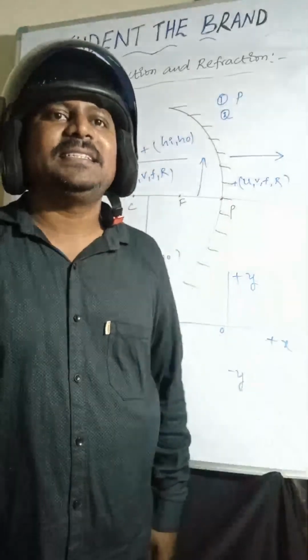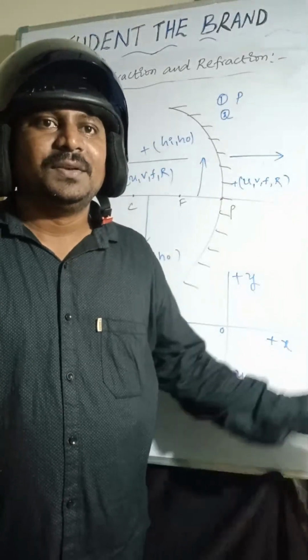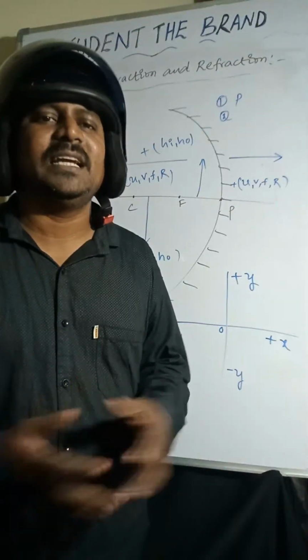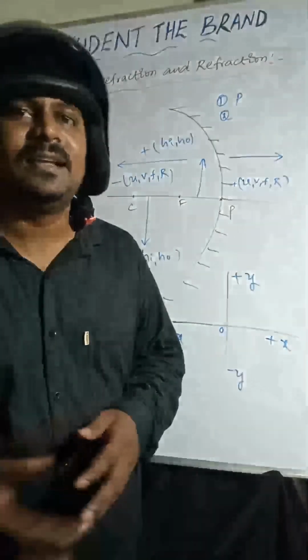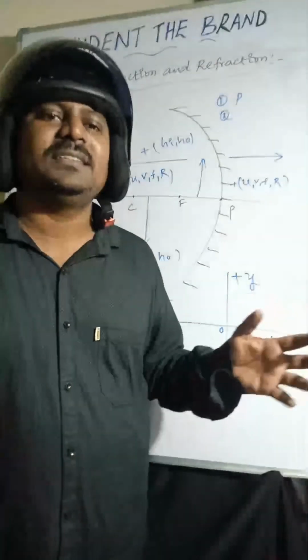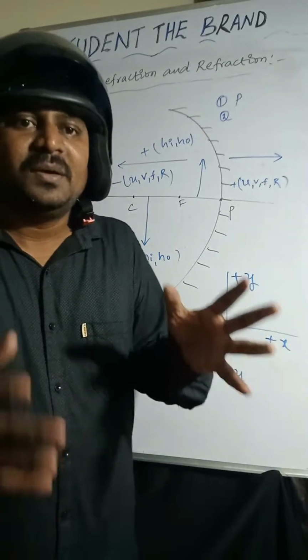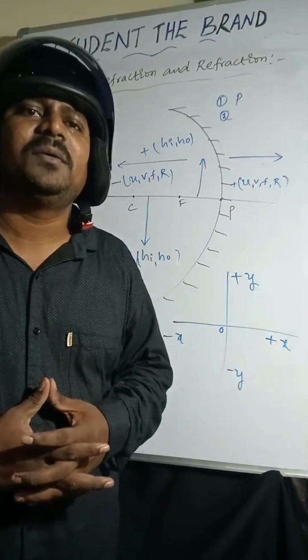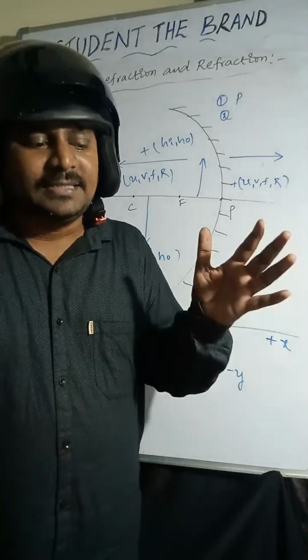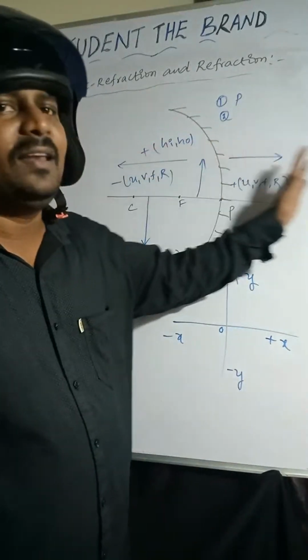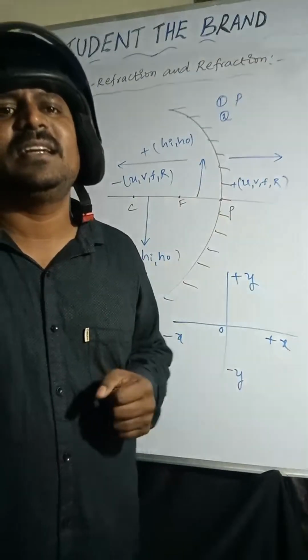New Cartesian sign convention, new Cartesian sign convention. Distances are measured from the pole. Distances are positive along the incident rays.